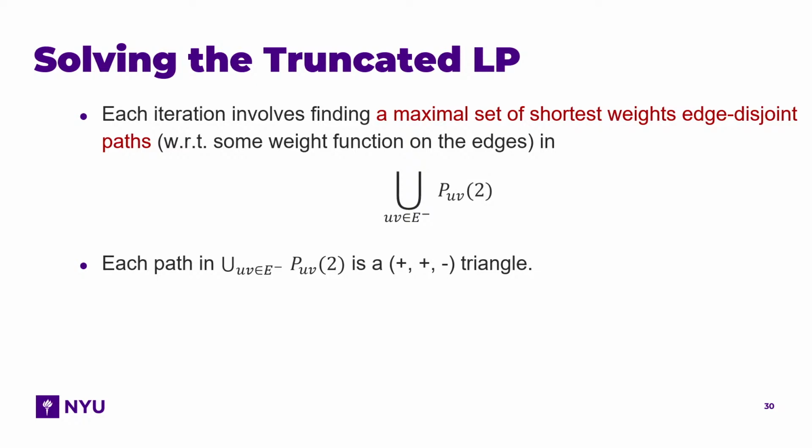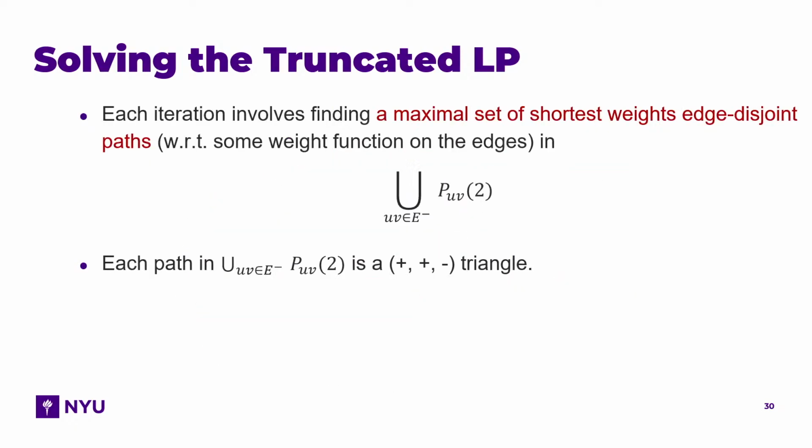What happened? If we want to solve this truncated problem, in each iteration we only need to find the maximum set of shortest edge-disjoint paths. More exactly, these are disjoint paths that only contain 3 edges. So each path is a positive, negative triangle here.